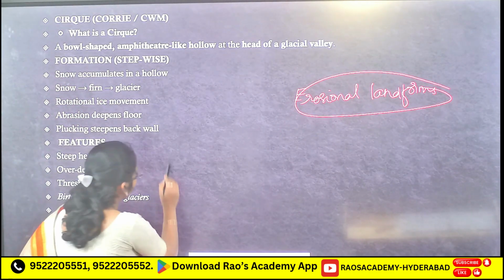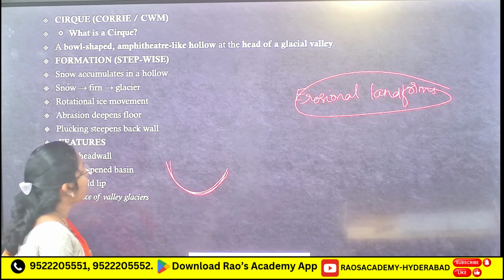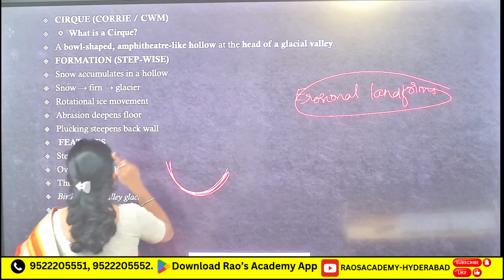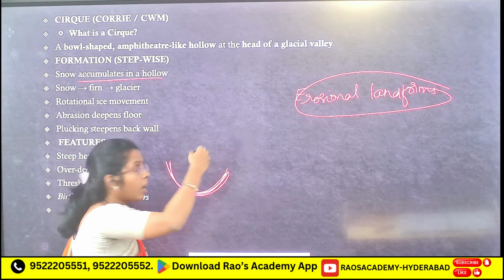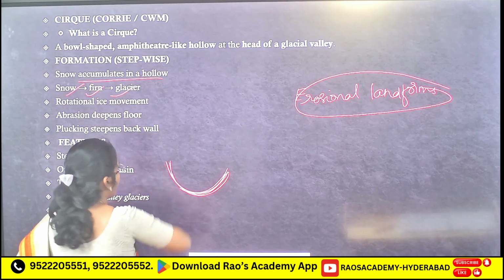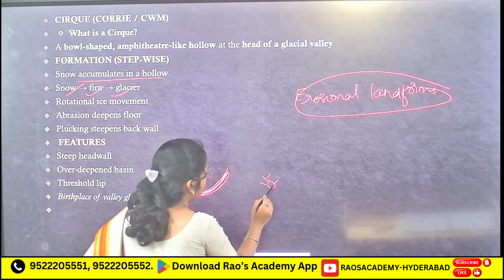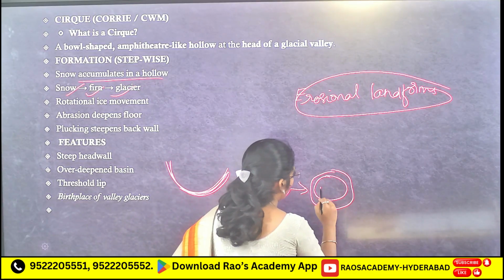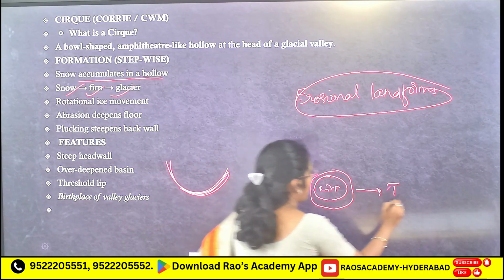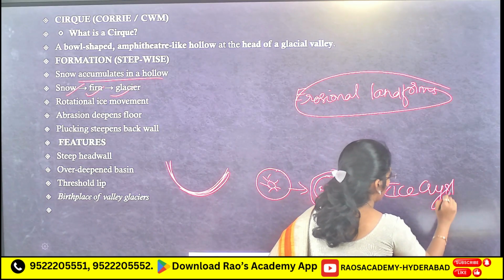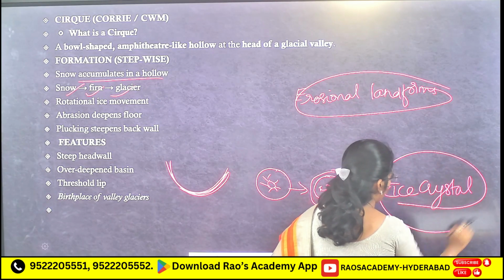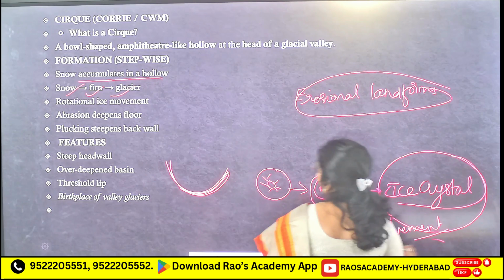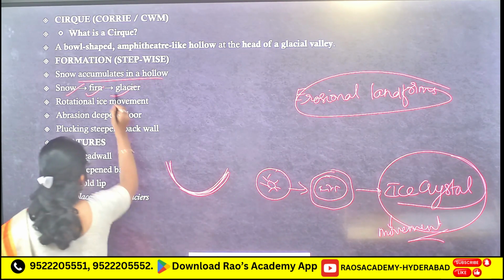It is a bowl shaped hollow at the head of the glacier valley. Cirque formation: first snow accumulates in the hollow, snow to firn, firn to glacier. Now this is snow. After compaction, it forms firn. Next, large ice crystals, and now this large ice crystal movement happens, that is known as glacier.